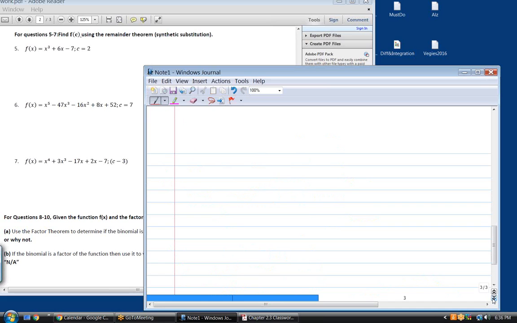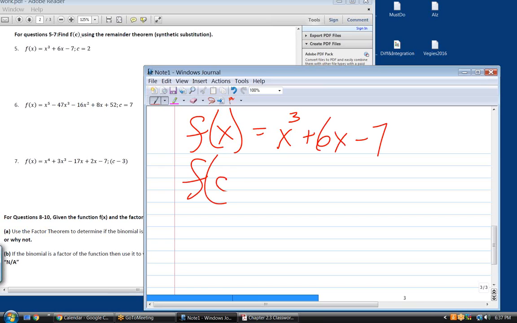I'm trying to figure out what they're talking about. Using the remainder theorem, see if 2... well, it says find f of c. Okay? It's actually very straightforward. If f of x is x cubed plus 6x minus 7, what is f of c?